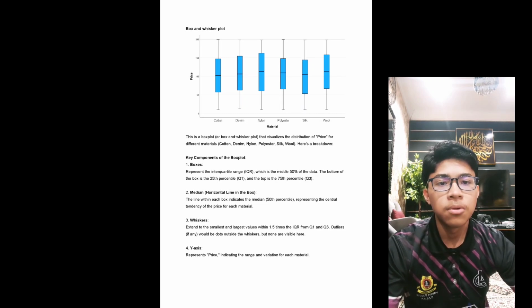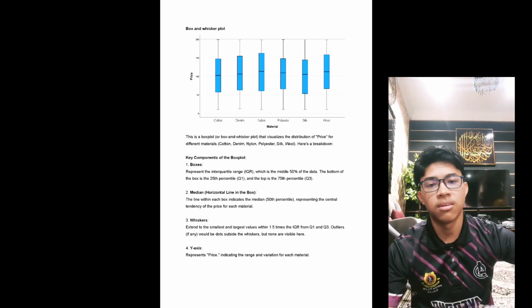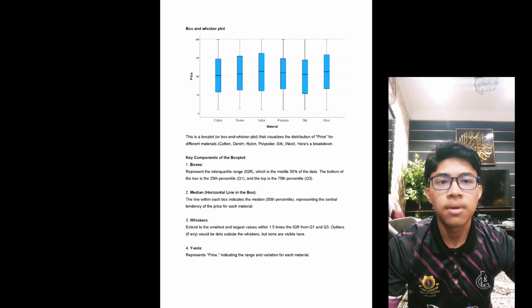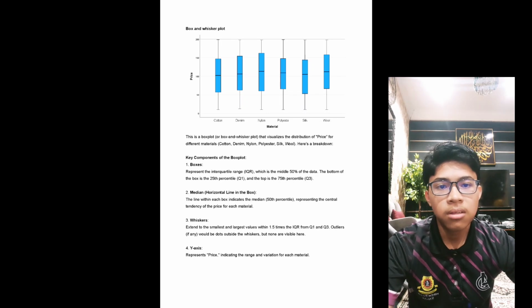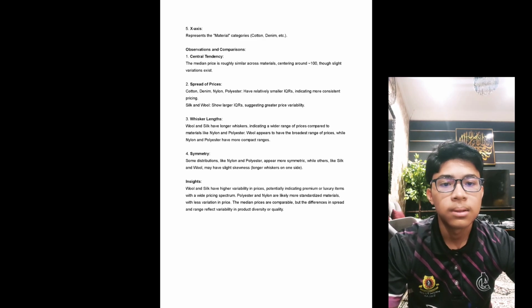Outliers, if any, would be dots outside the whiskers, and none are visible here. Next, the y-axis represents price, indicating the range and variation for each material. The x-axis represents the material categories: cotton, denim, etc.